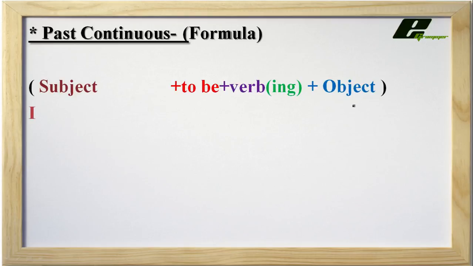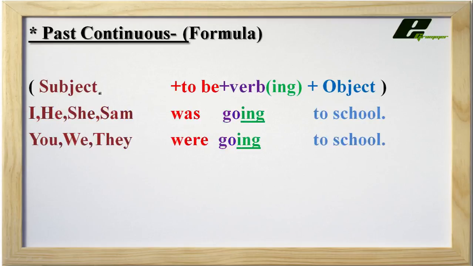See some examples for this. If I start my sentence with you, we, or they, at that time I use were, this helping verb. I take go as the base form of the verb and add ing to it, and the object remains as it is.